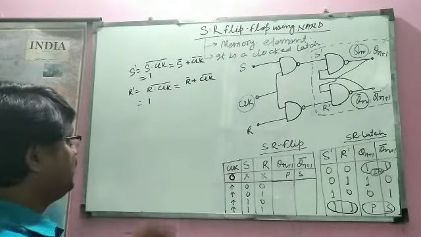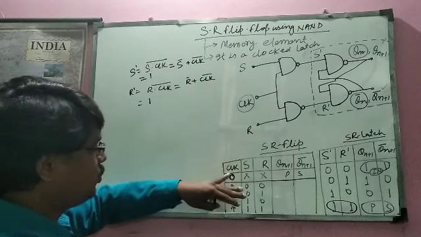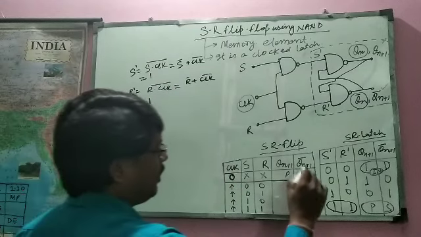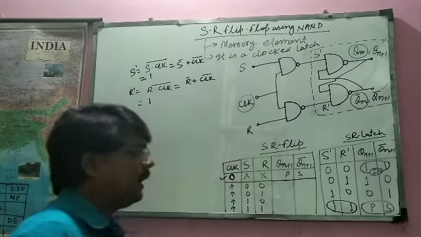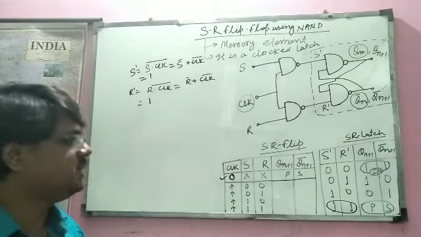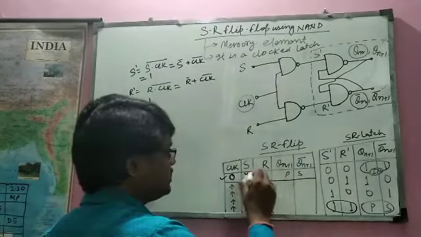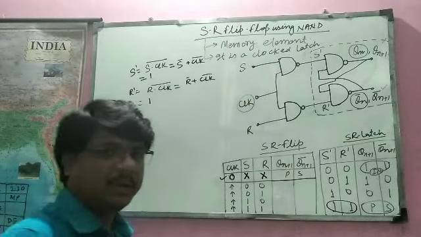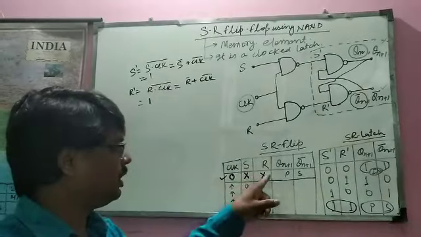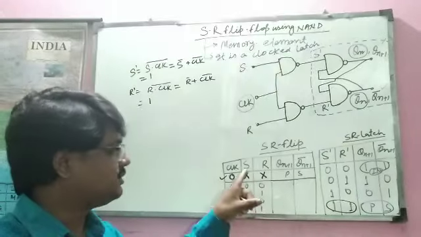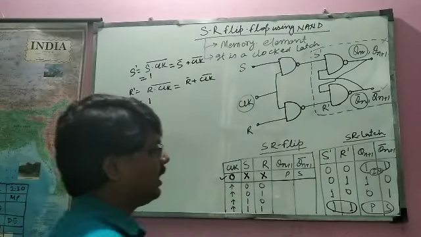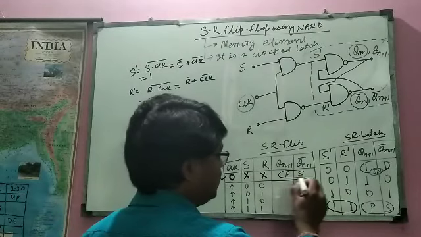If the clock is 0, it will remain in the previous state, and there will be no change of the output when S and R are changed. If the clock is 0, there is no effect of changing S and R, and it will remain in the previous state.